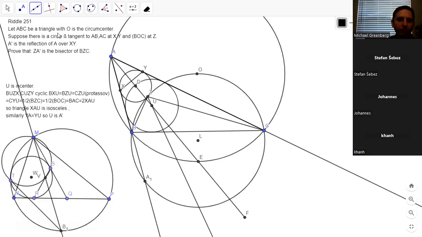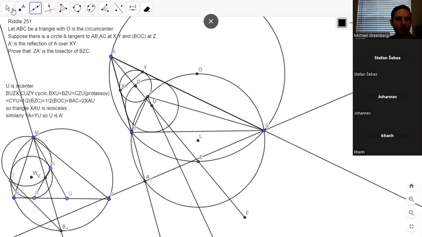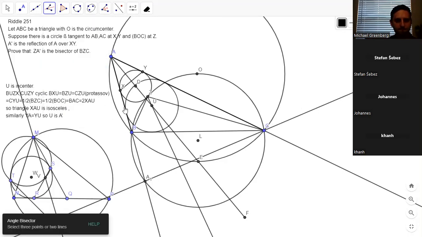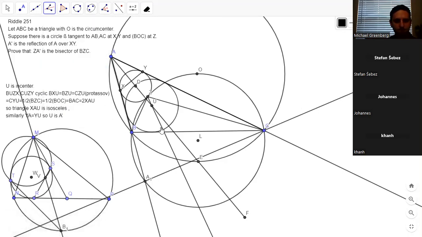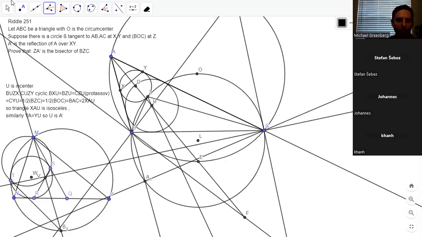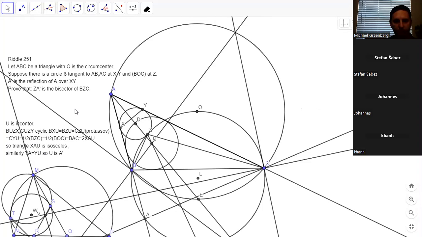Because in this situation, the small circle XYZ is outside of the circle BOC, so there will be a little difference. Like in the T-ball theorem, the small circle is inside of the big circle. So XY passes through the X center, with respect to A.